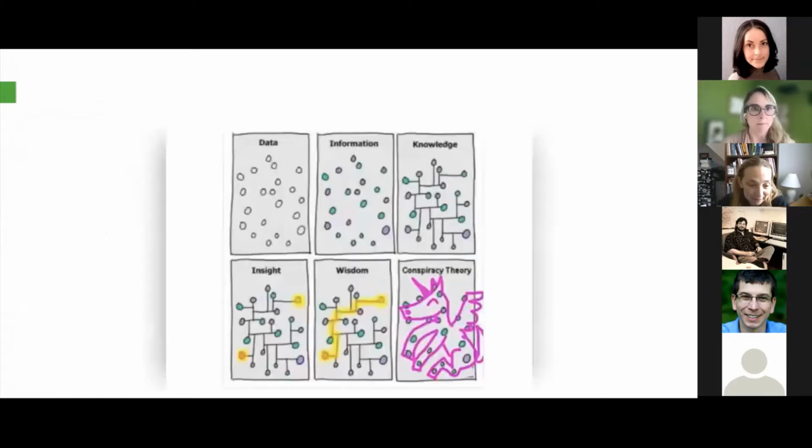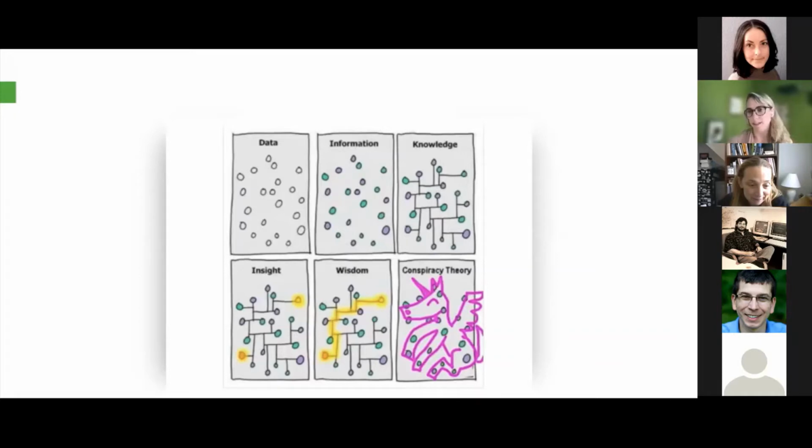So, I'm going to start with this meme, which I'm sure many of you have seen, and it starts out with the relationship between data, information, knowledge, insight, wisdom. So you start with data. If you are able to add some context to that, you can generate information.